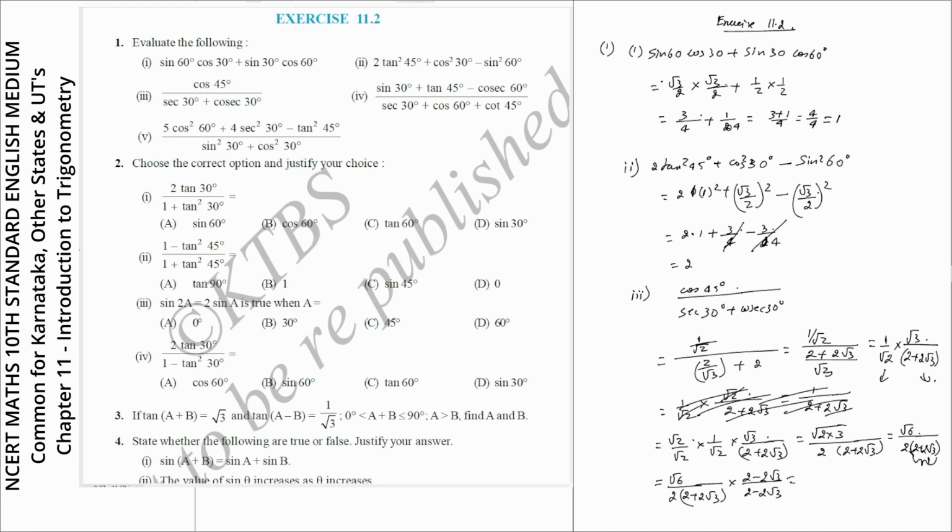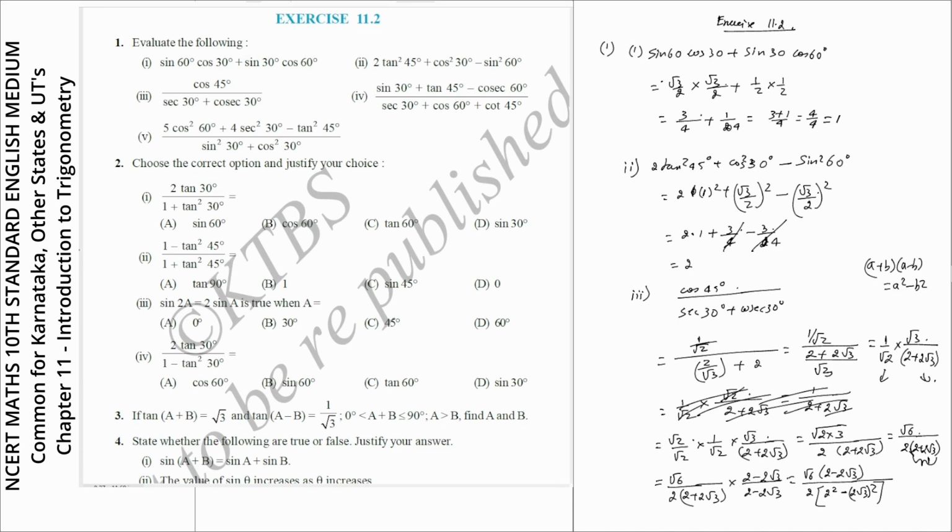So now I'll get root 6 into 2 minus 2 root 3 divided by, see in the denominator this is of the form a plus b into a minus b. Okay, so a plus b into a minus b is equal to a square minus b square. So in the denominator I'll get 2 square minus 2 root 3 the whole square.